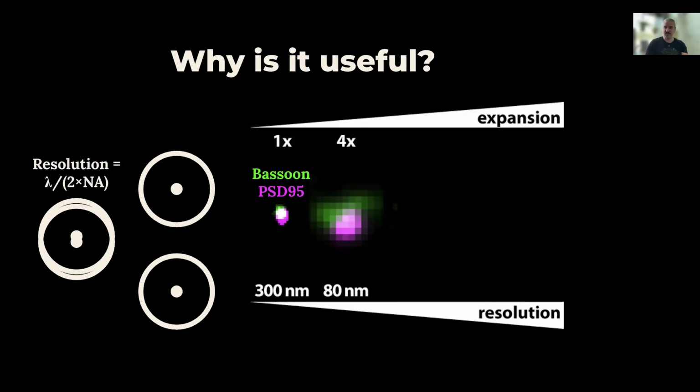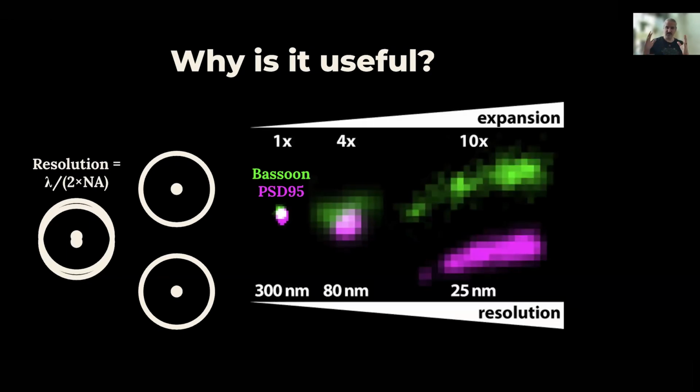You expand the sample fourfold, and you can already see the separation. You expand the sample tenfold, and you can see very good separation. And you can now observe these proteins independently from each other. So we just have to adjust this formula from the 1800s. It's the same formula, but we simply divide by the expansion factor, and that's your new resolution and the new level of detail that you can observe.